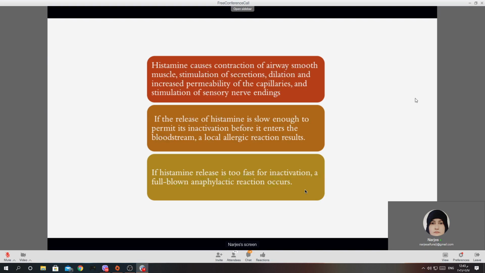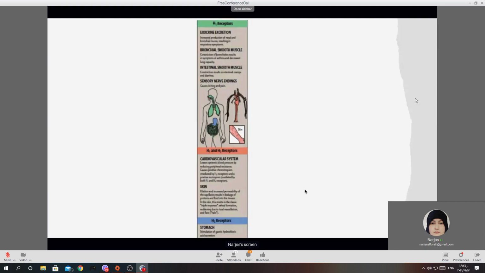However, if histamine release is too fast, inactivation will take time. In that case, the anaphylactic reaction will occur. And this depends on the strength of the stimuli and how the body responds to it.